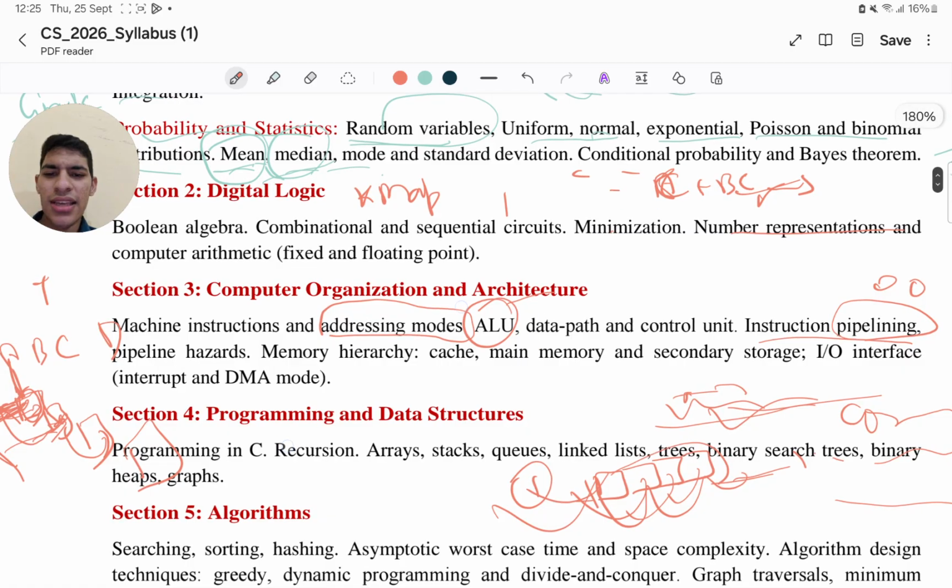They will ask a pretty straightforward question: how many clock cycles will be required to execute, say, 30 instructions in a 4-stage pipeline? You have 4 stages to be executed to perform one particular instruction. For the first instruction, it will take 4 clock cycles to complete.